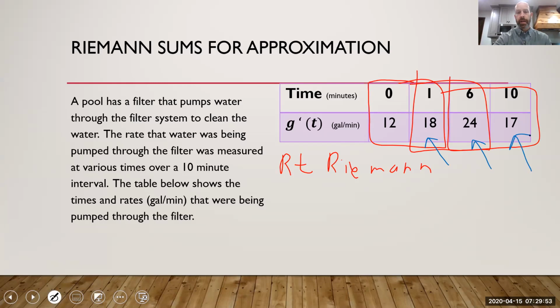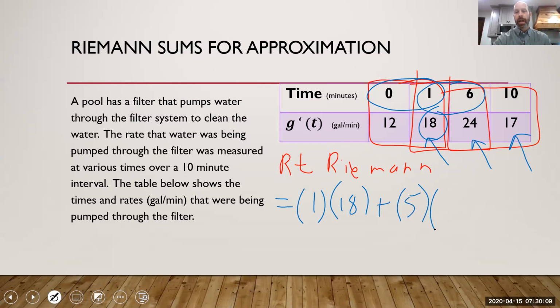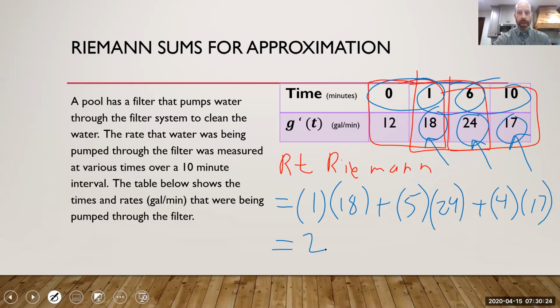So to find this amount of water, we're going to take the first width, which is 1, times the height on the right, which is 18, plus the second width, which is 6 minus 1, which I think is 5, times the height on the right, which would be 24, plus the last width, which is 4, times the height, which is 17. We're going to add all of these together, and I think we get an answer of 206 gallons.